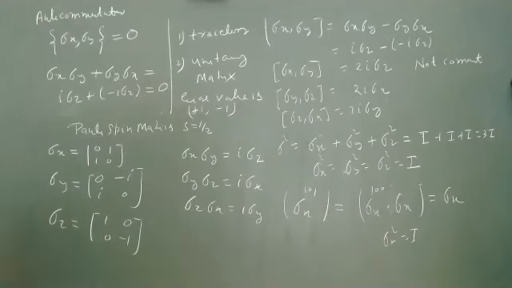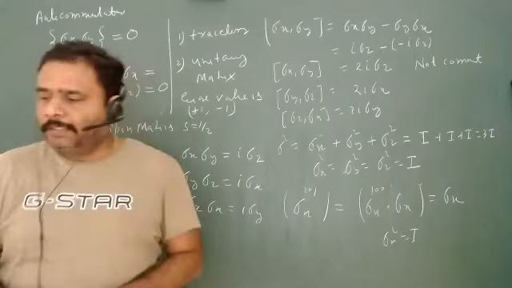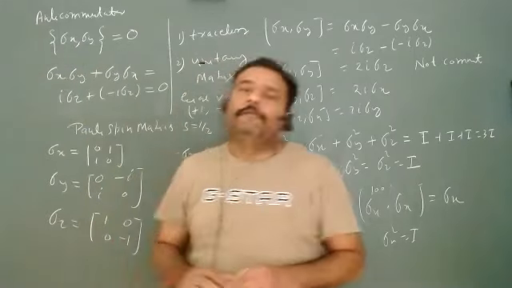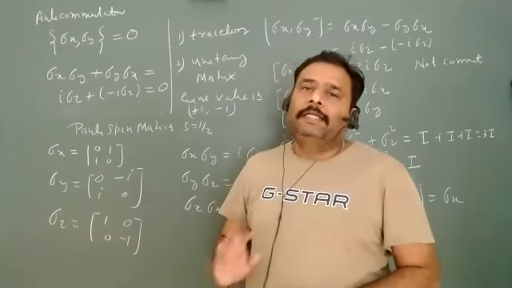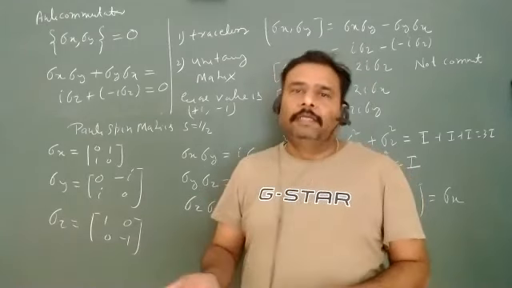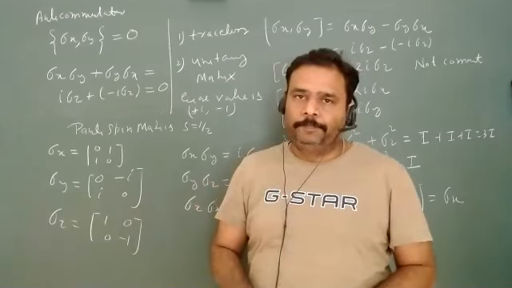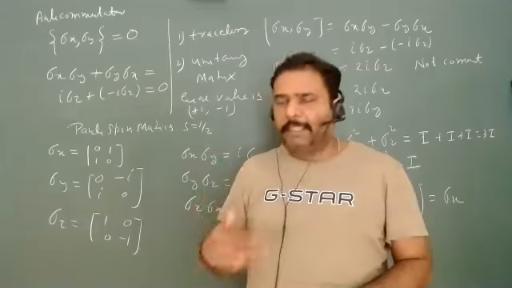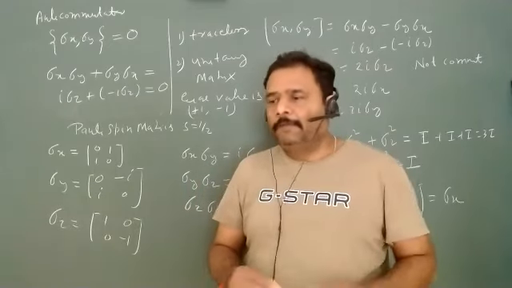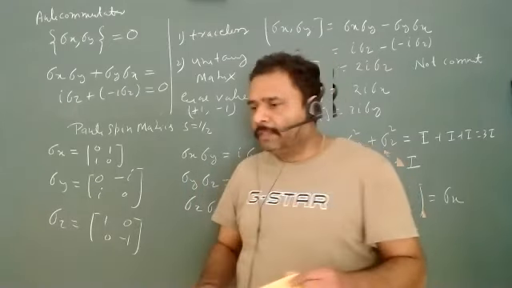So now we will go for different types of problems. To solve problems for Pauli spin matrices or spin, the best way is to convert each and everything into the form of matrices. That is the simplest way, and use the postulates. Let's figure out step by step what we are going to do.